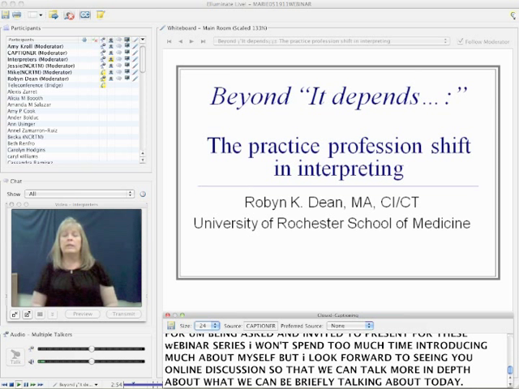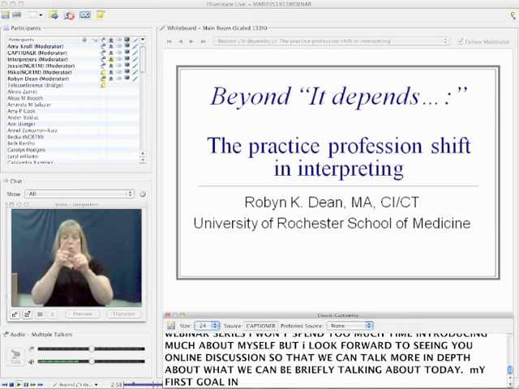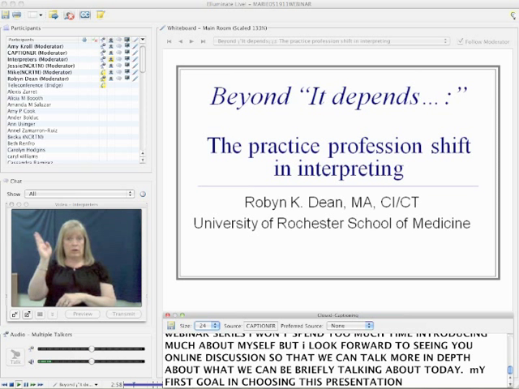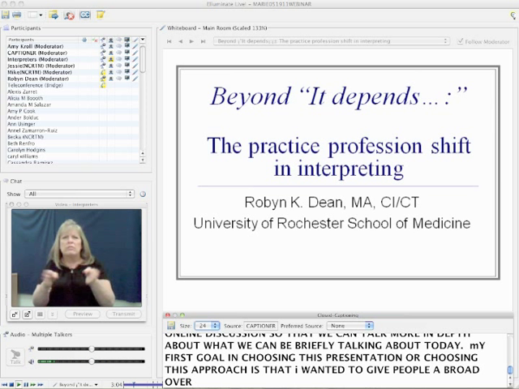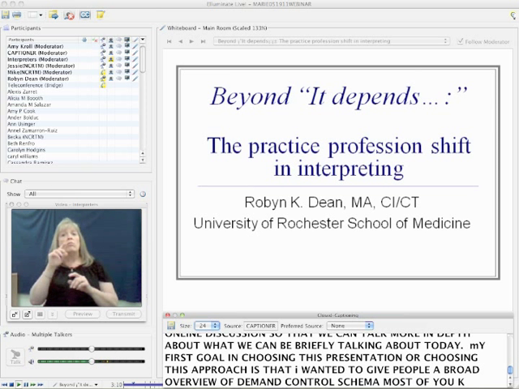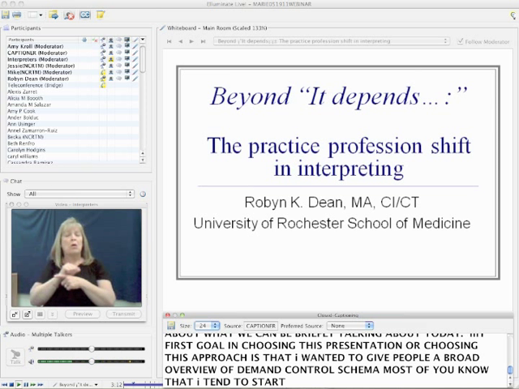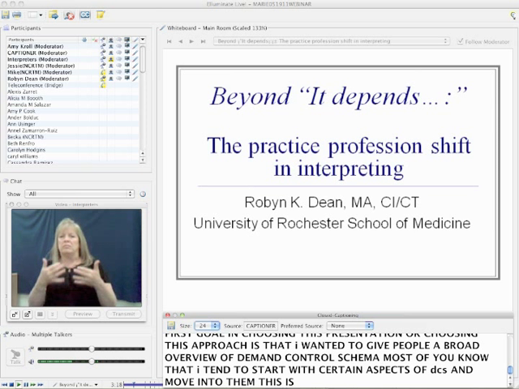My first goal in choosing this presentation, or this approach, is that I wanted to give people a broad overview of demand control schema. Most of you, if you've ever attended a training of mine, know that I tend to start with certain aspects of demand control schema and move into them. This is going to be a little bit different.